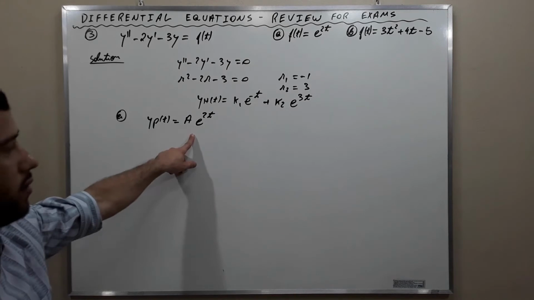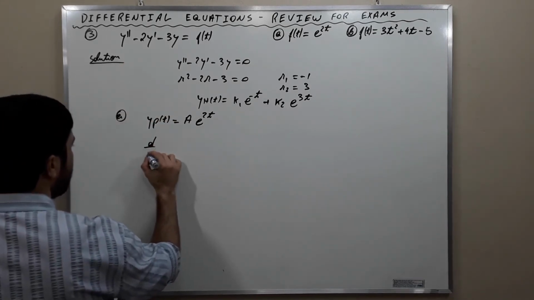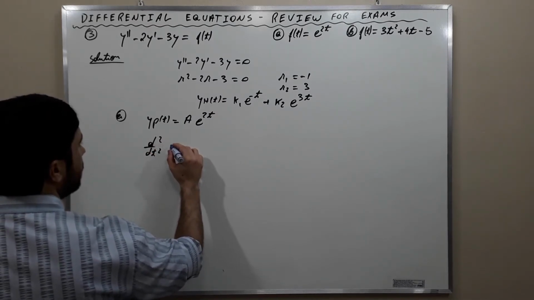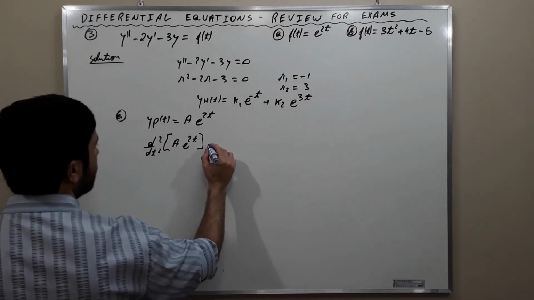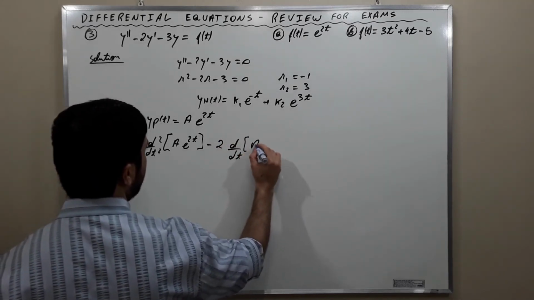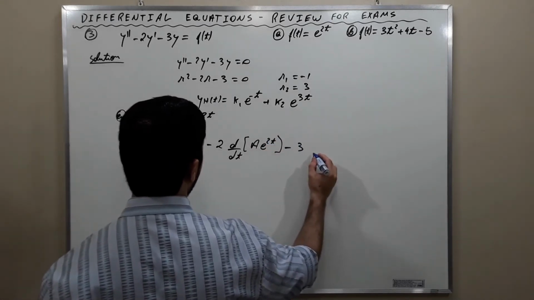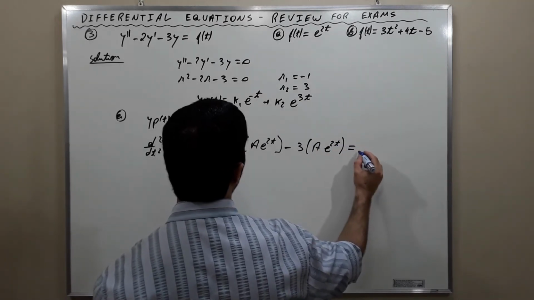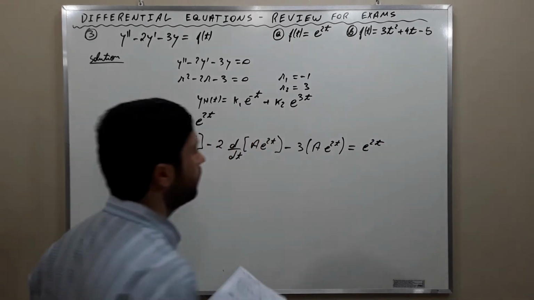And if we apply this in the original equation, we get that the second derivative with respect to time of a e^2t minus 2 times the derivative with respect to time of a e^2t minus 3 times a e^2t equal to, in this case, e raised to the power of 2t.